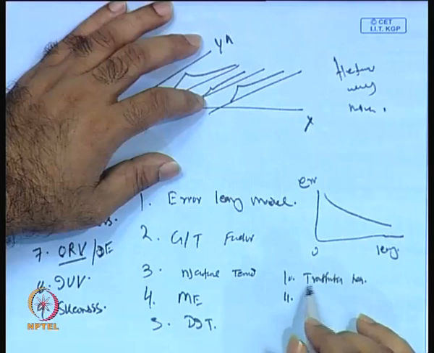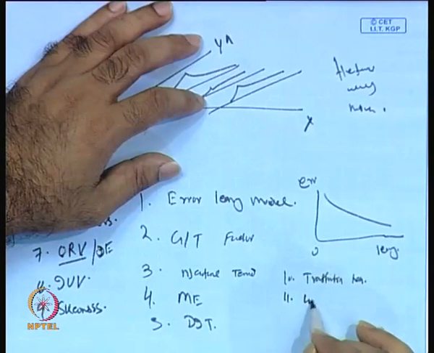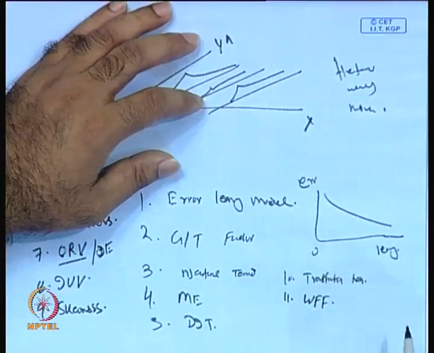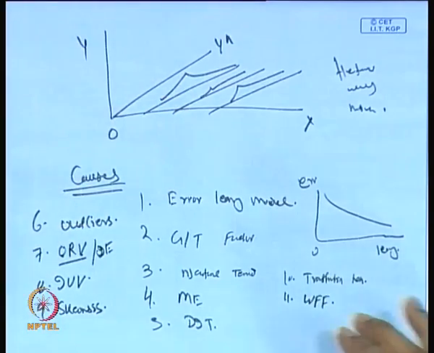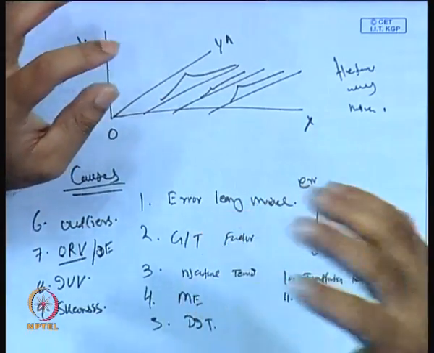So you must be very careful about that. This is called a wrong functional form of the model. So like this, there are several ways in which heteroscedasticity can come into the picture.